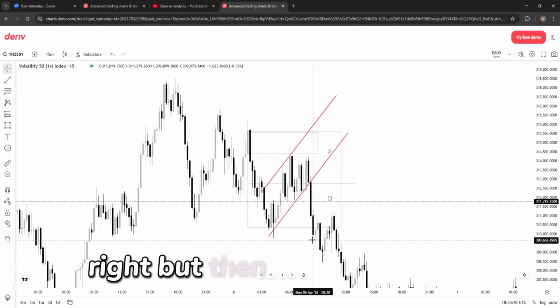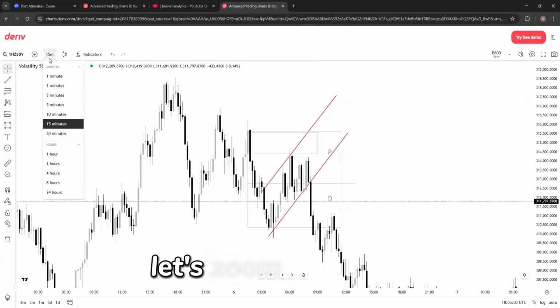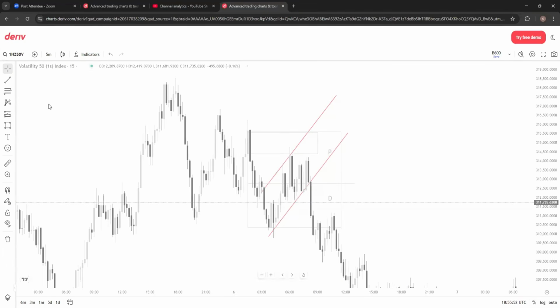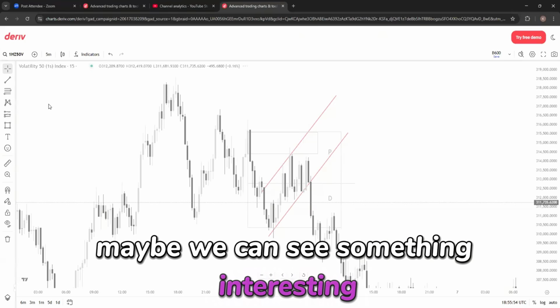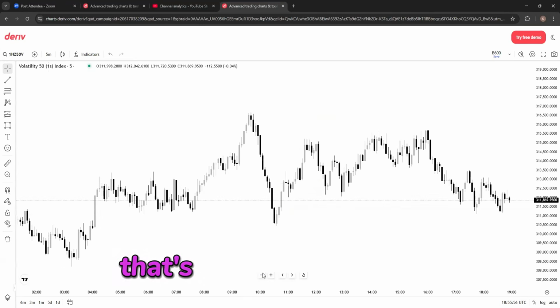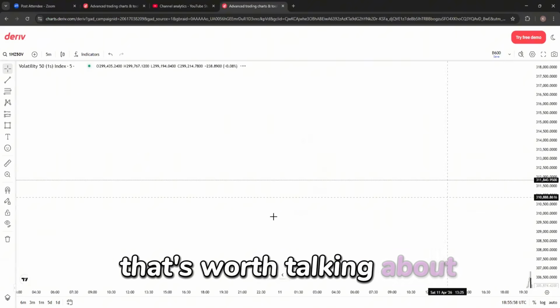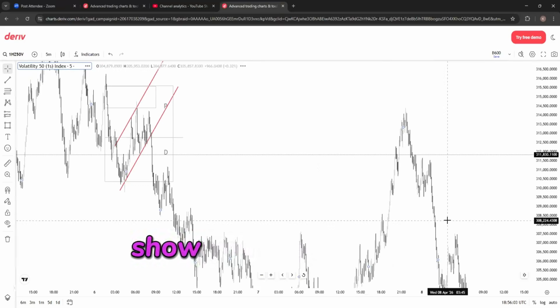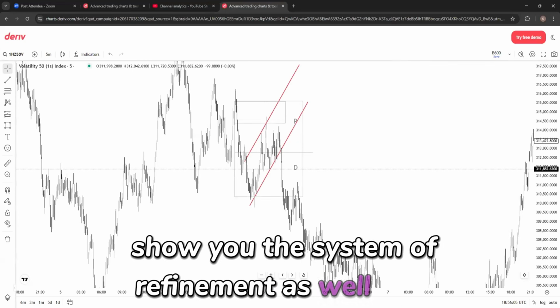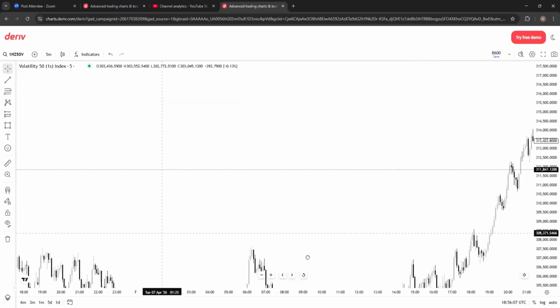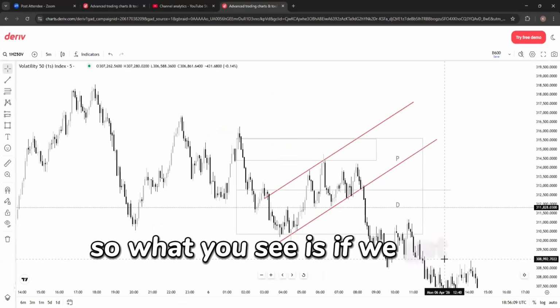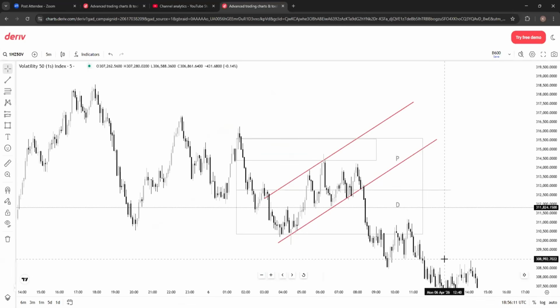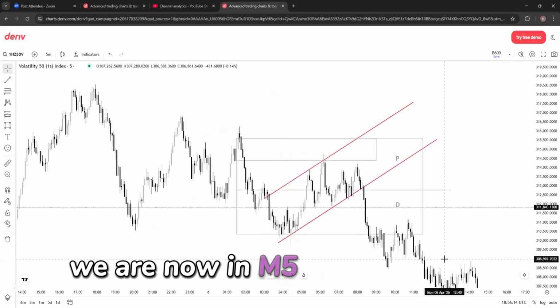Right. But at the same time, let's zoom in a bit. Maybe we can see something interesting that's worth talking about, because I'm expecting to show you the system of refinement as well. So what you see is if we get in that flag, we are now in M5.